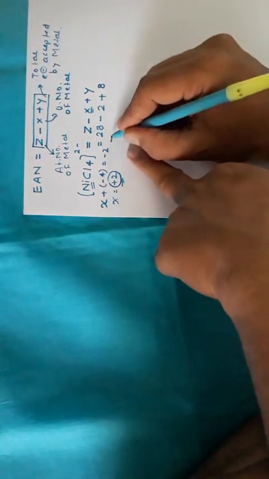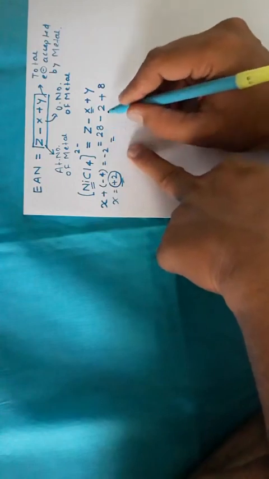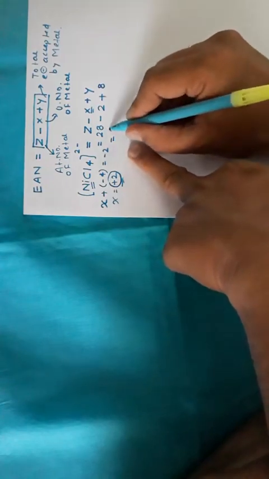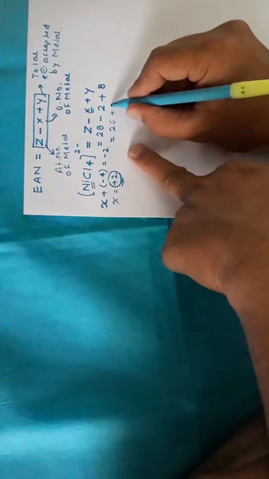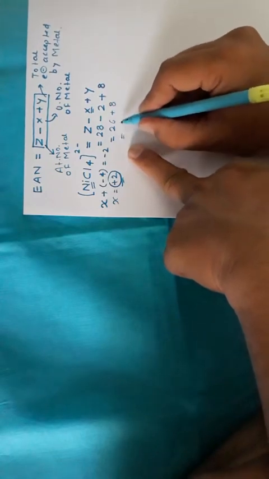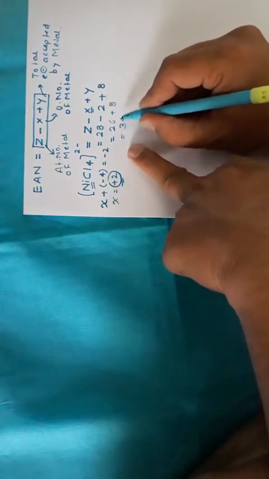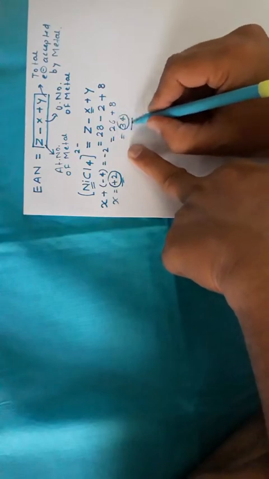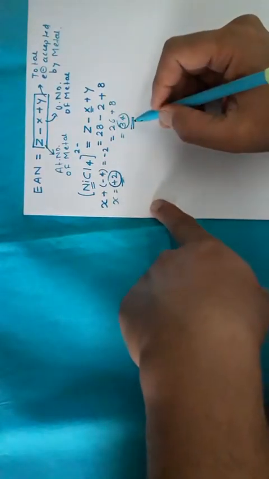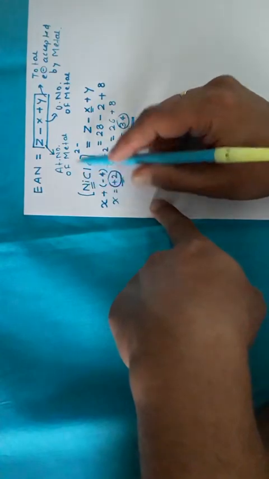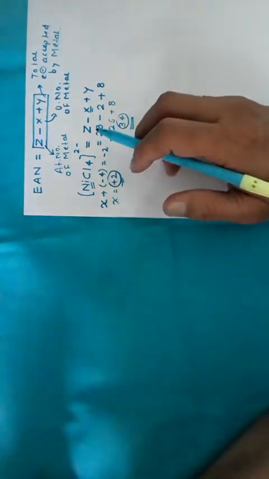So effective atomic number comes out to be 28 minus 2, it is 26, 26 plus 8, naturally our answer here is coming as 34. So 34 is the effective atomic number of this nickel in this particular complex.